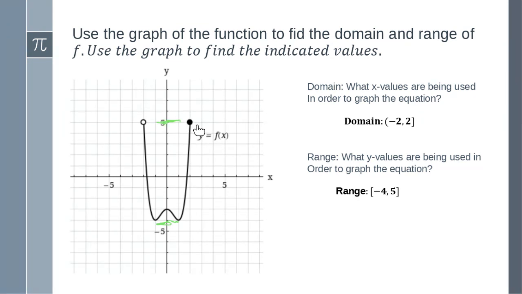What we're interested in is the last given value that the graph has. So this 5 is included, even though it's only on one side. The highest point is +5, so we put a bracket, 5.